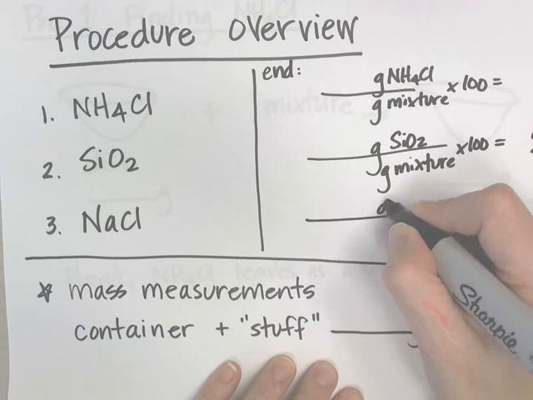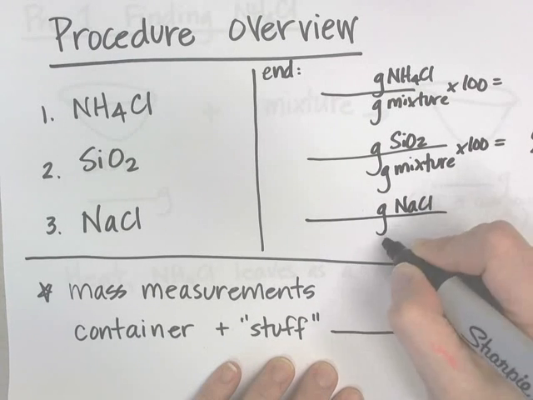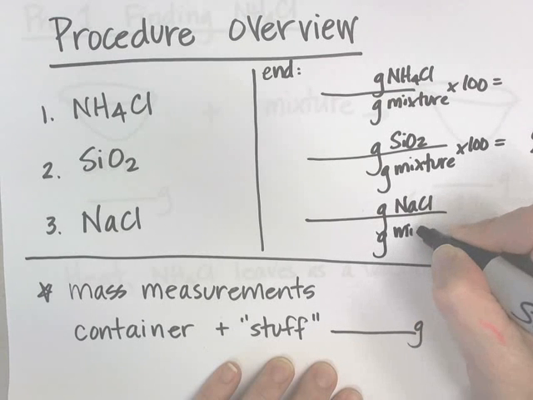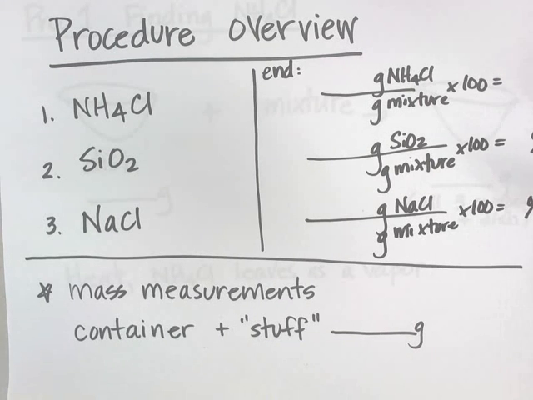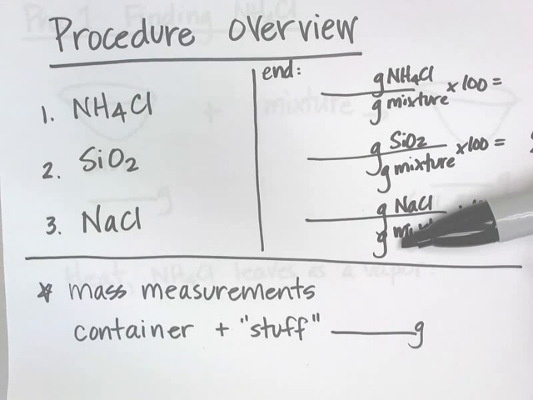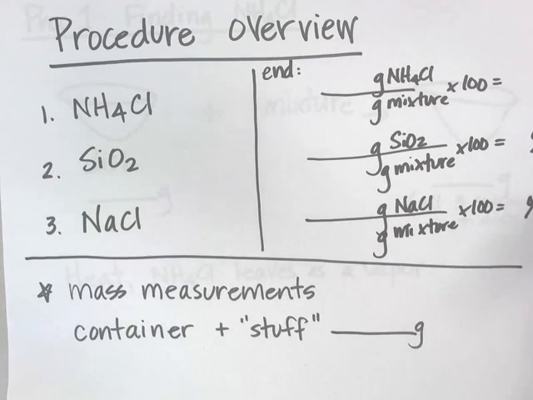And then last, we need to know how much salt is in the mixture. And we're dividing every time by the total that we start with. So if we're using 10 grams of mixture, then we'll have a 10 here in each of these denominators. All right, we're going to come back to this after we have some information.